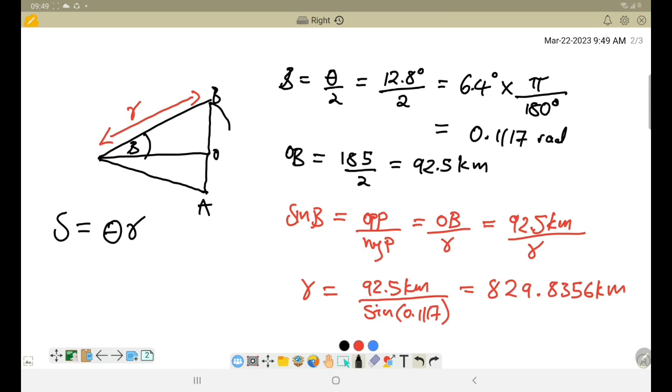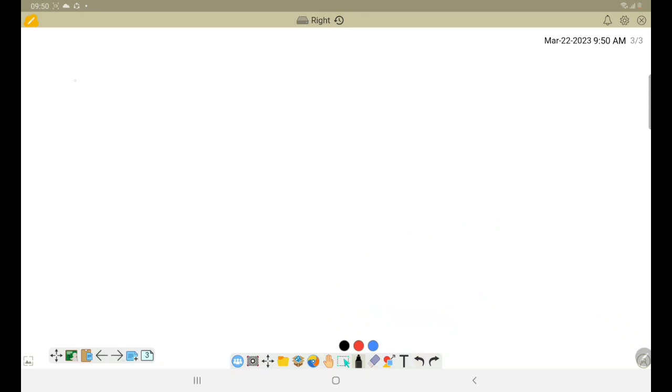This is A, so this is S. Our theta is equal to 2 beta, which gives 0.1117 times 2. So theta is 0.2234 radians.